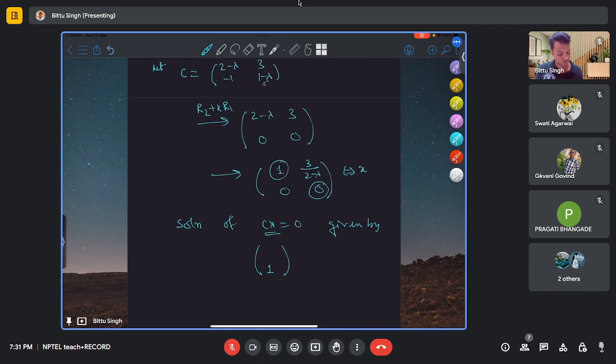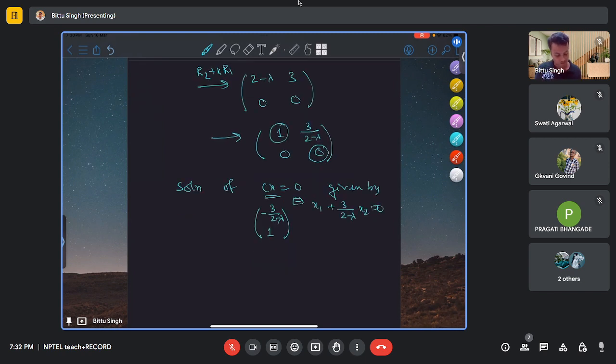So Cx equal to 0 is equivalent to x1 plus 3 by 2 minus lambda times x2 equal to 0. So if you choose x2 to be 1, then x1 will be minus 3 by 2 minus lambda.